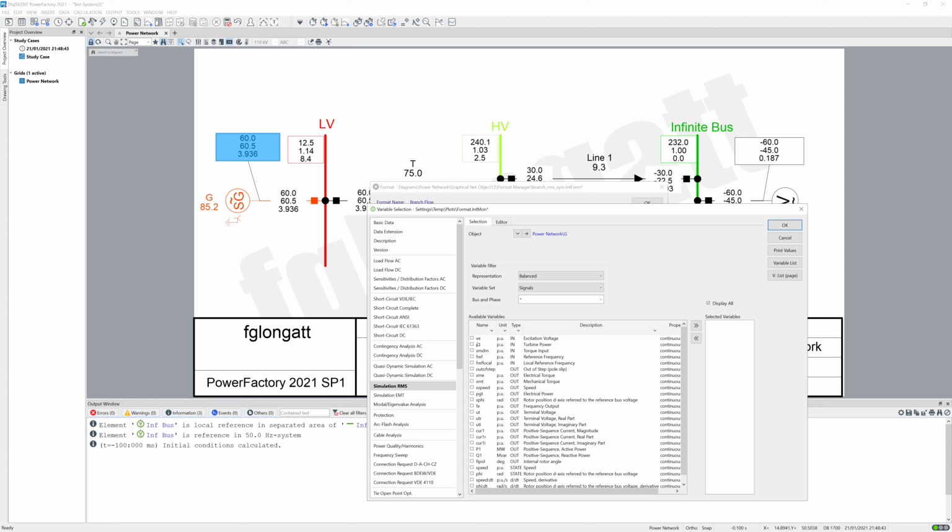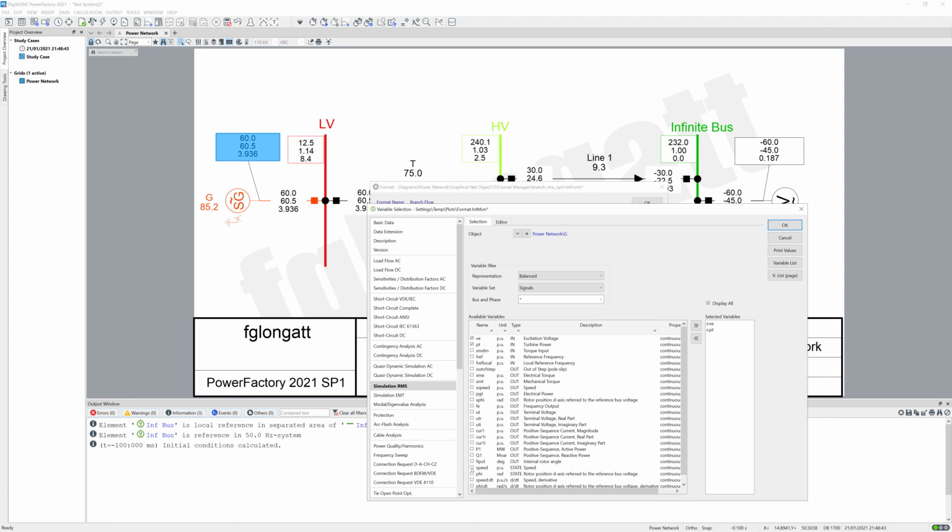For instance, you can see that there are excitation voltage and turbine power, but also we have electrical power, that is an output. We have electrical frequency, that is another output. Terminal voltage, that is another output.